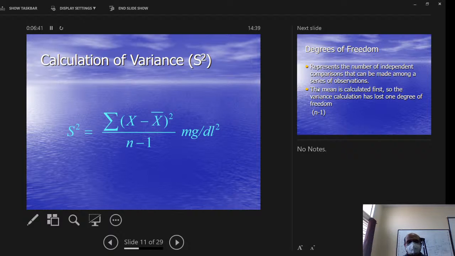S square, that is sum of squares, is equal to summation of x minus x bar square divided by n minus 1 mg per dL.